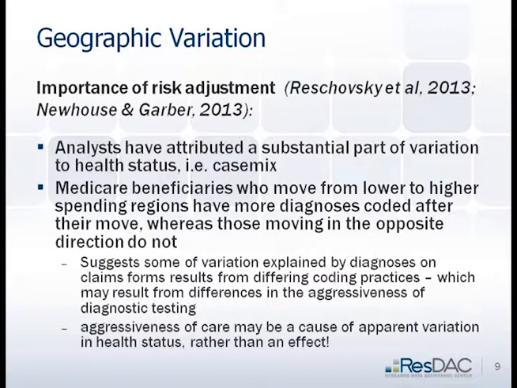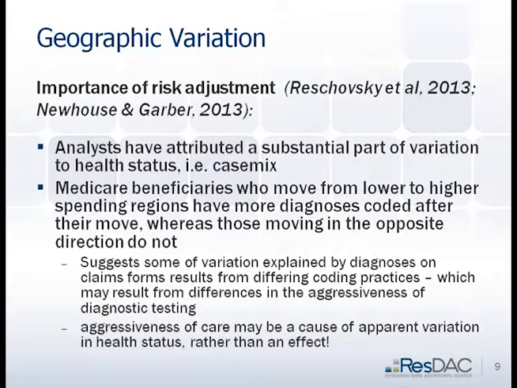So the other thing you need to do is take into consideration case mix. They looked at Medicare beneficiaries who moved from lower to higher spending regions, and this is a qualification, another red flag for us researchers, that there's some other stuff going on here.